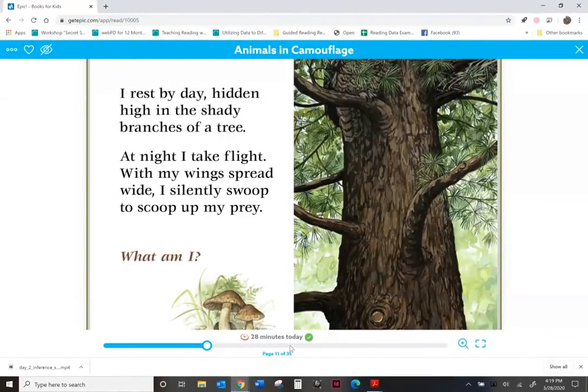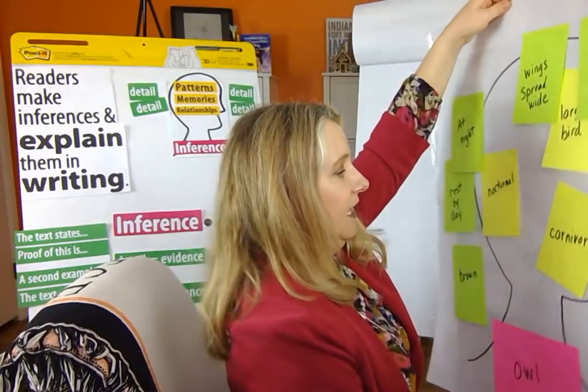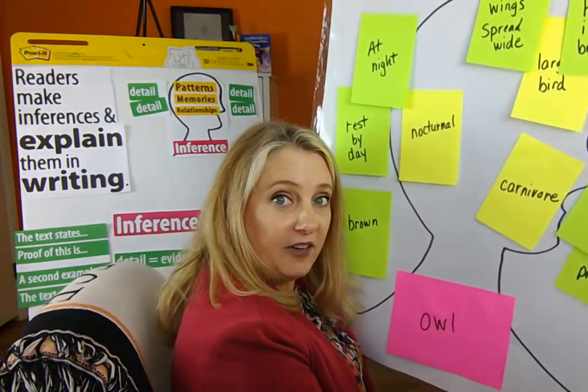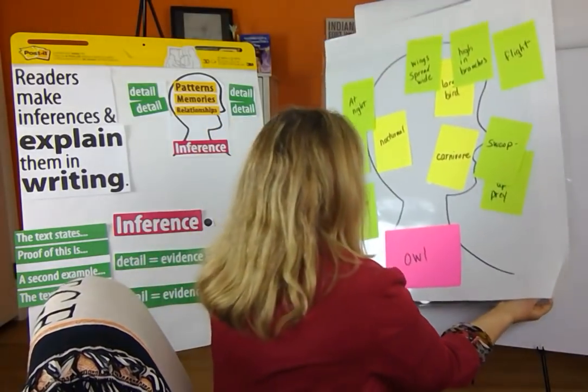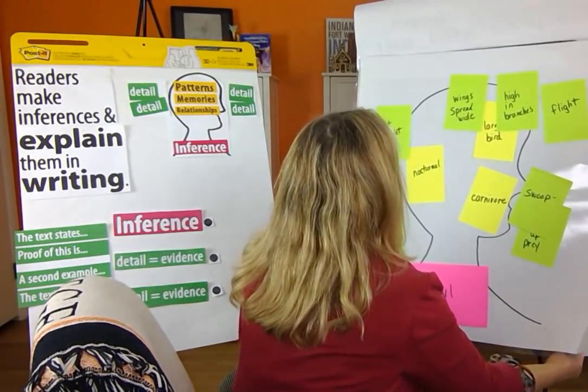And we were looking at the picture, but we were also reading the details, okay? Reading the text. Well, we collected things on our Inference Silhouette, and I've got it here for you, okay? Here it is.